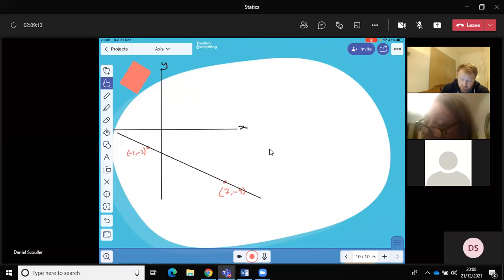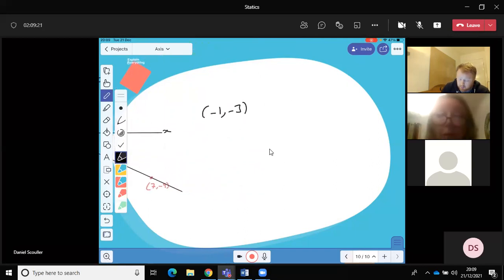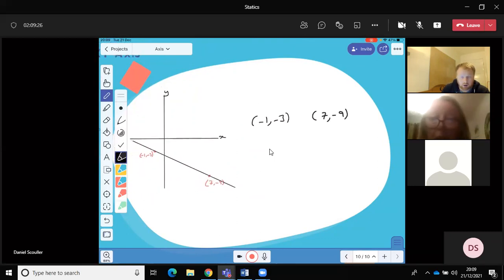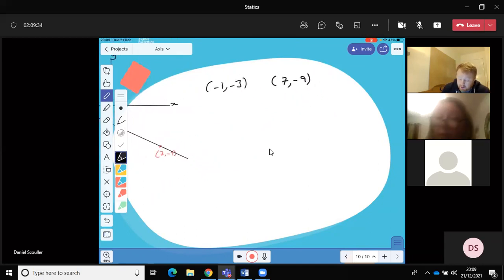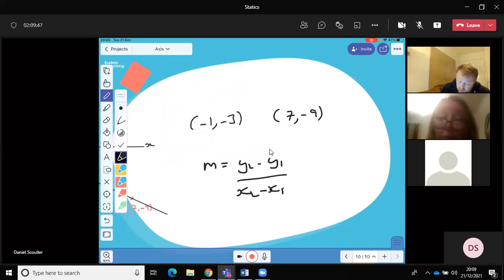So we've got point -1, -3, and point 7, -9. That's all the information we've got. We've got two points, so it allows us to find the gradient. We go through that process, finding the gradient. So x1, y1.